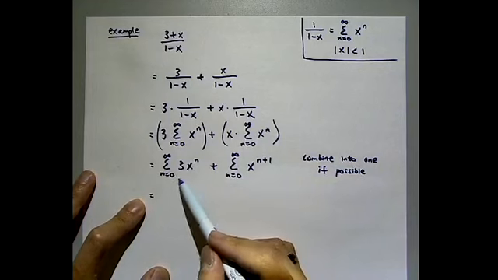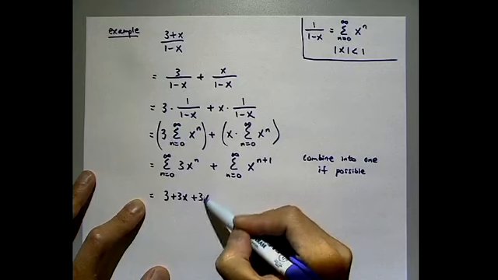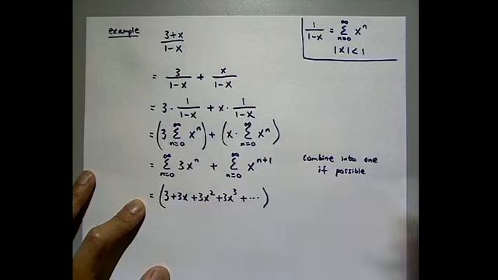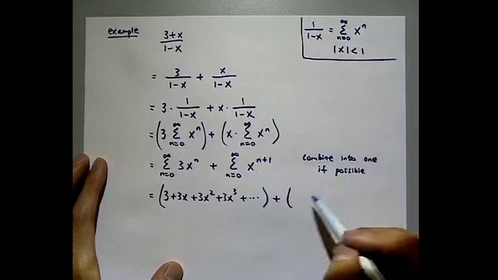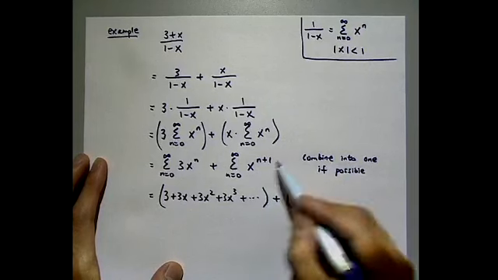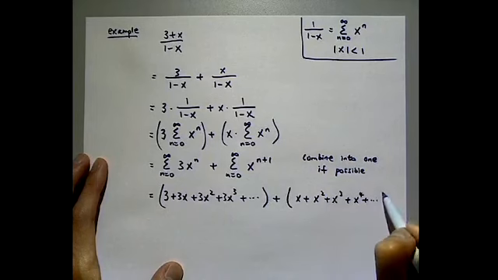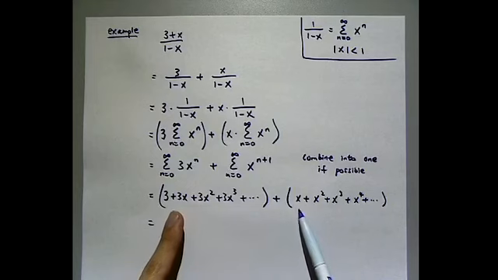Starting with n equal to 0, this is 3 plus 3x plus 3x squared plus 3x cubed plus dot, dot, dot. Right? That's the first series. And the second one here, when n is 0, we get x to the first. And then n is 1, we get x squared plus x cubed plus x to the fourth plus dot, dot, dot. And what you should notice here is that after the first constant, everything else can be added together.